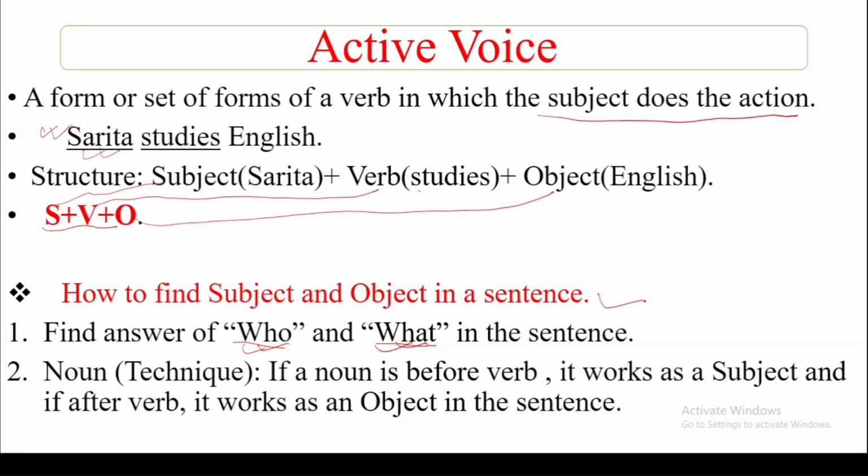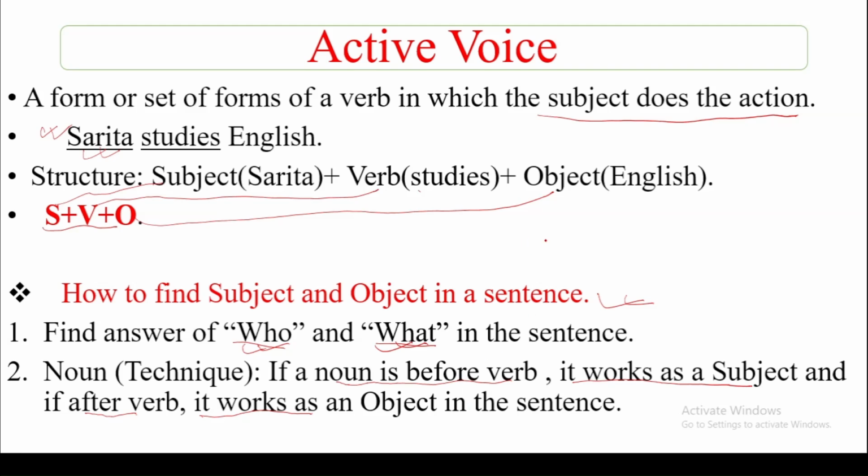Another simple technique is the noun technique. Though it will not work everywhere, in simple sentences it will work. The technique is, if a noun is before the verb, it works as a subject, and if after the verb, it works as an object in a sentence.